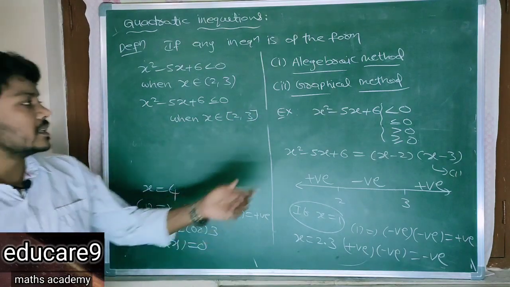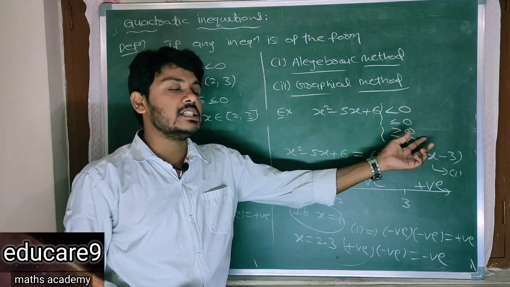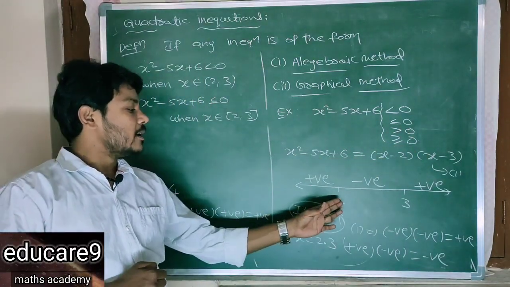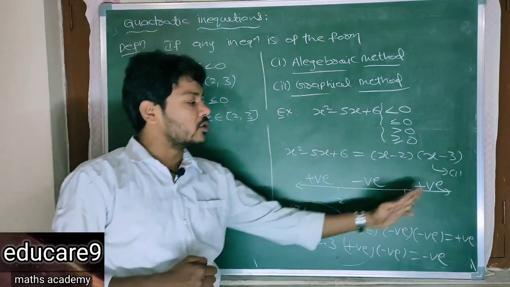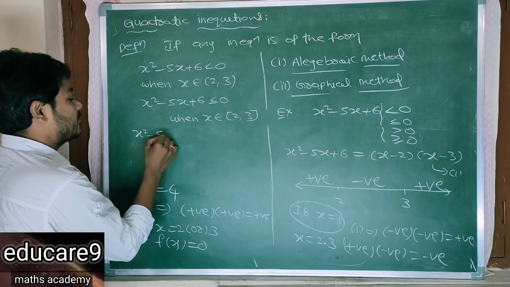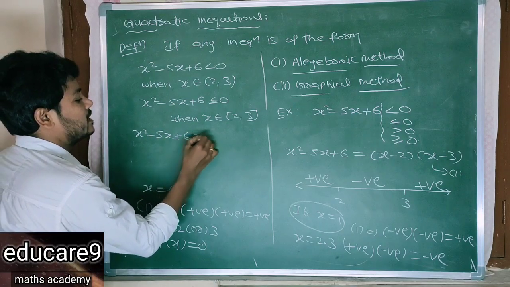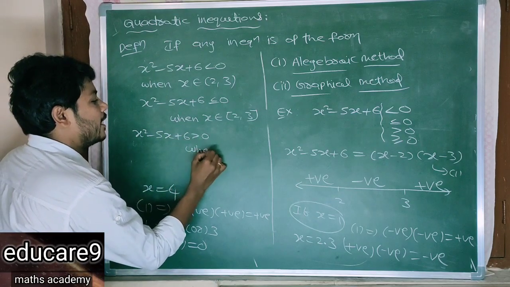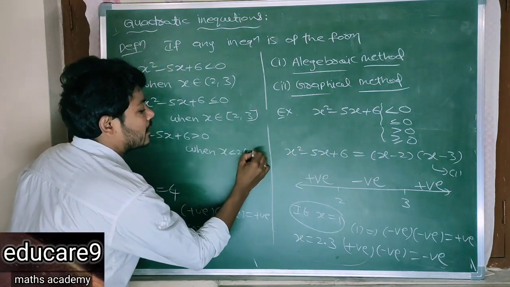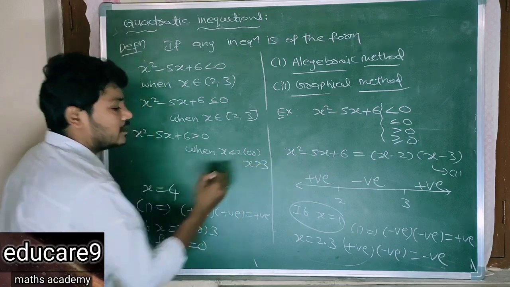The third one is the expression greater than 0, meaning positive. It is positive below 2 and above 3, so x square minus 5x plus 6 is greater than 0 when x is less than 2 or x is greater than 3.